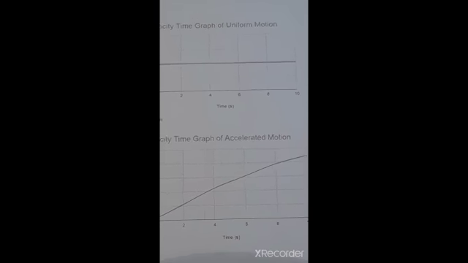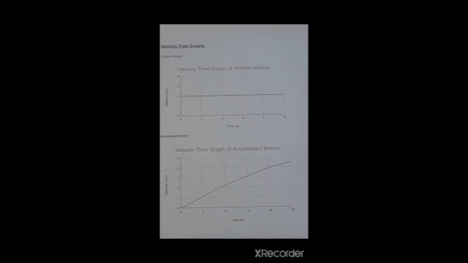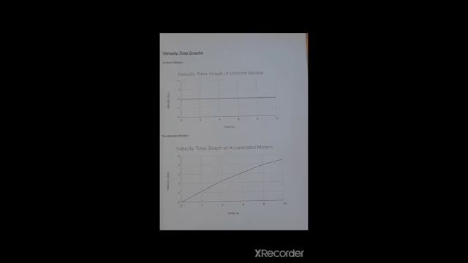At 6 seconds, our velocity was equal to 3.055 meters per second north. 8 seconds, our velocity was equal to 3.8888 meters per second north. And finally, 10 seconds, our velocity was equal to 4.4444 meters per second north. That gives us the resulting velocity time graph for accelerated motion. And these are both of our velocity time graphs that we got from our experiment.